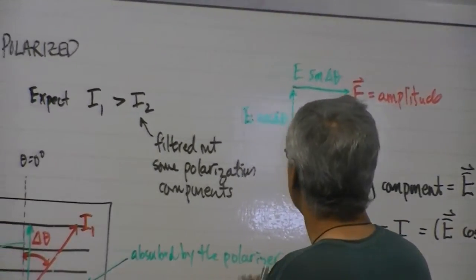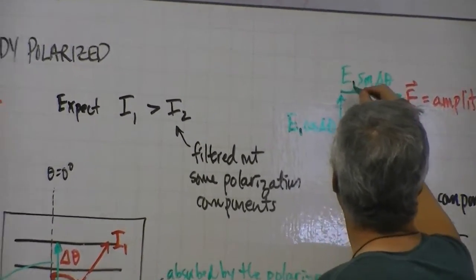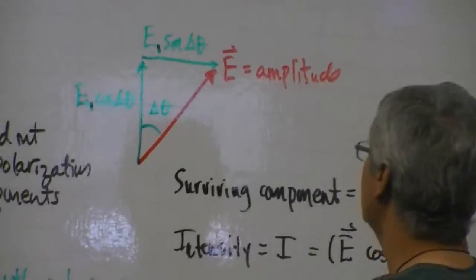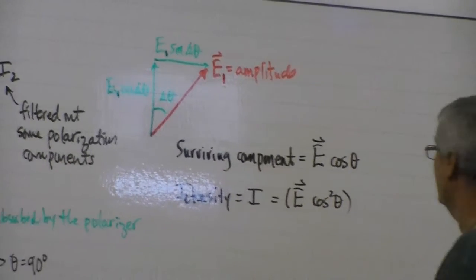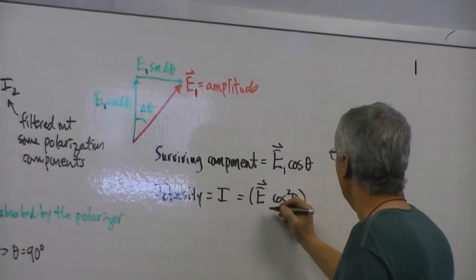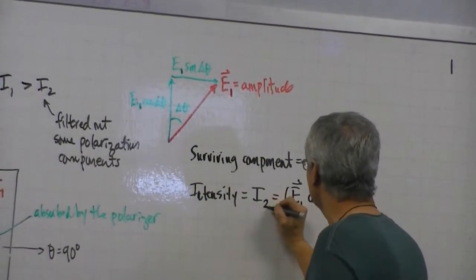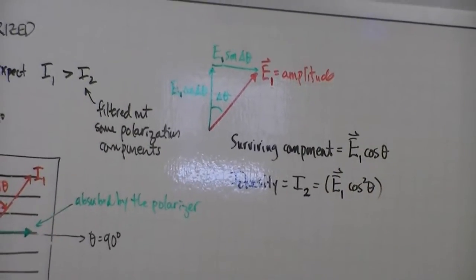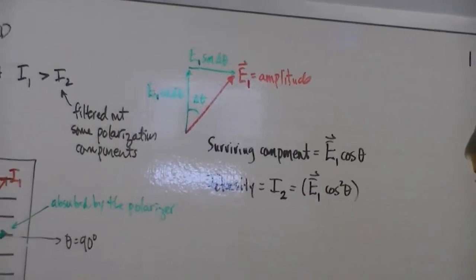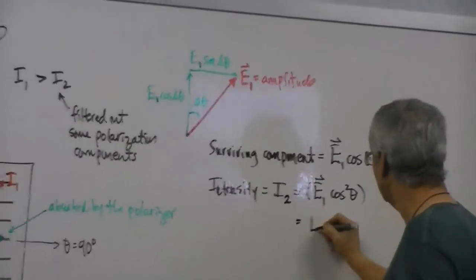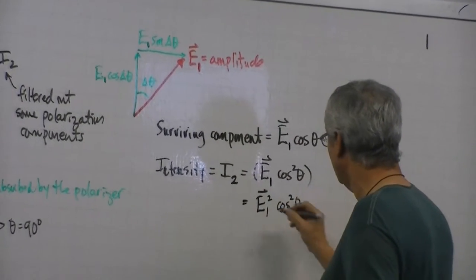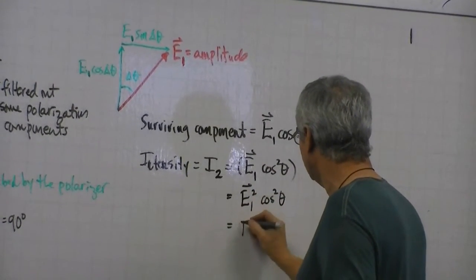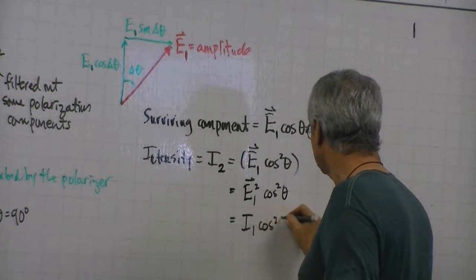So if I put this in, I have 1, 1, and then of course this is 1 right here. And if I come over here, this is 1, 1, and this guy's going to be 2 here. So when you look at this here, then if I rewrite this, this is going to be what? E1 squared cosine squared theta, but E1 squared is the same as I1 cosine squared theta.